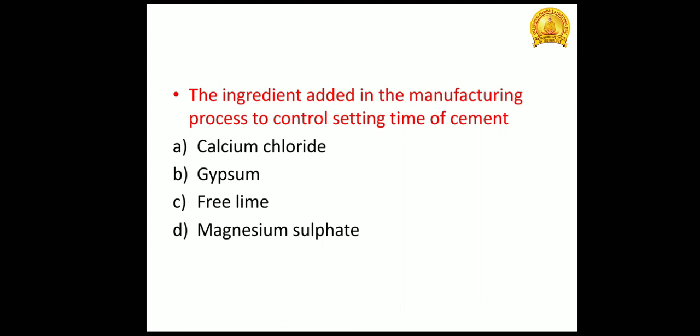This one also we have discussed in the manufacturing topic. The answer is gypsum. Gypsum will be added to prevent the flash set, to control the setting of the cement, that means by extending the initial setting time. So gypsum will be added, 3 to 4% will be added to it.